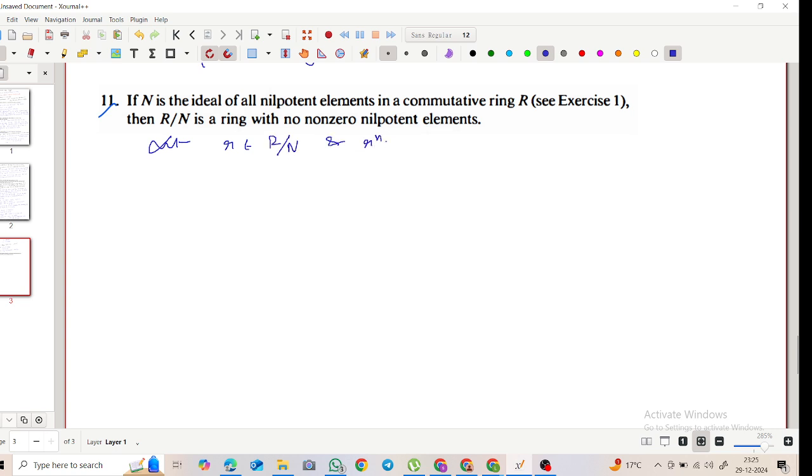And r to the power n is 0 plus N for some n belonging to the naturals. But what does it mean? It means r to the power n is in N, right?